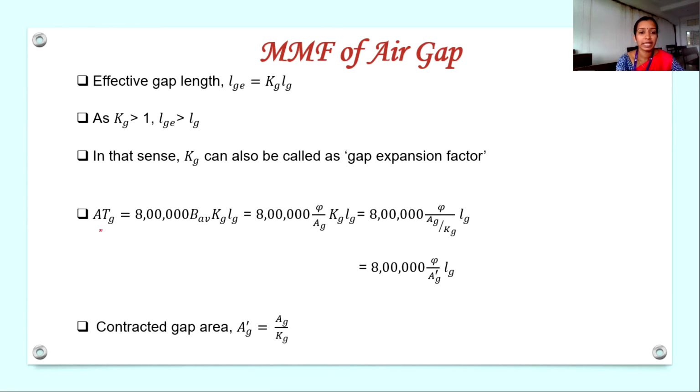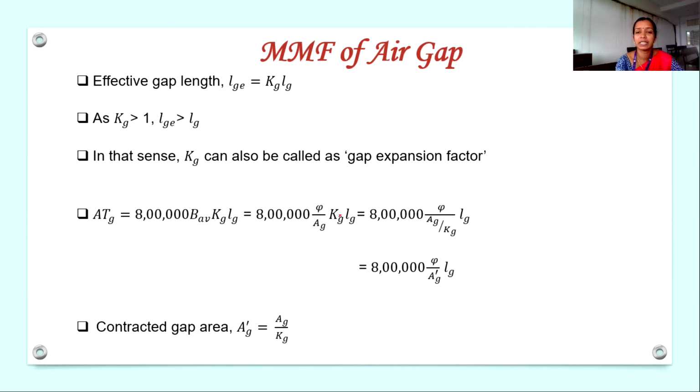So now let us see another modification. So this was our equation. ATG is equal to 8 lakh into B average into kg into Lg. So here we know the flux density is equal to flux divided by area. So I have replaced B average as phi divided by Ag, flux divided by area of air gap. Now this can be rearranged like this.